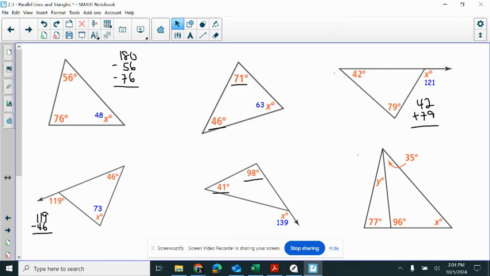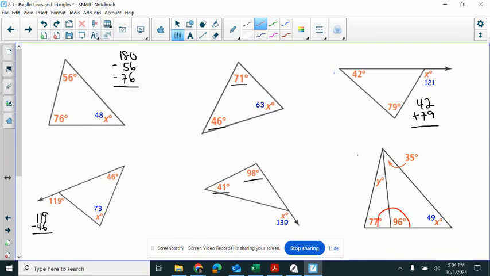In this last example, this is dealing with my triangle angle sum theorem. First, what I would do is solve for x by subtracting 180 minus 96 minus 35. That would give me x, so that would be 49. To solve for y, there are multiple ways to do this. What I would probably do first is recognize that these two angles are next to each other.